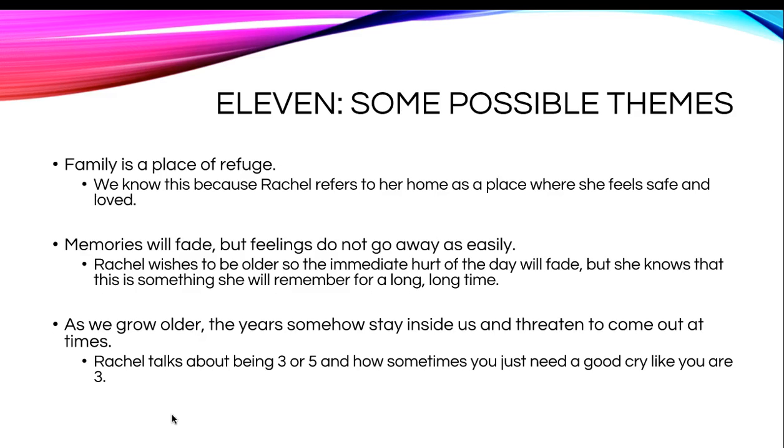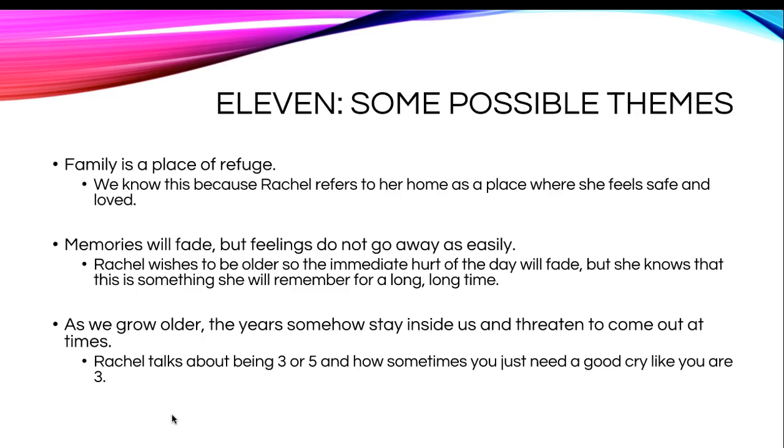If you remember the video last week, and if you haven't seen it, go back and take a look at it because it's really good. Karen and I talked about some possible themes, and these are just possible themes for "Eleven." One of the first ones that Karen suggested was that family is a place of refuge. That is a complete sentence.